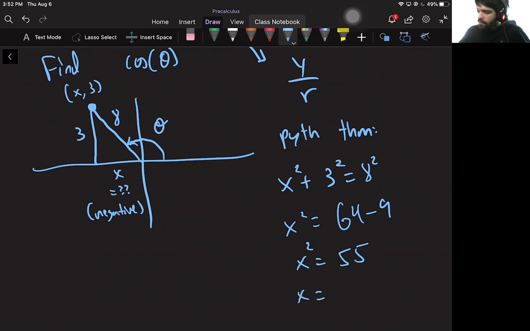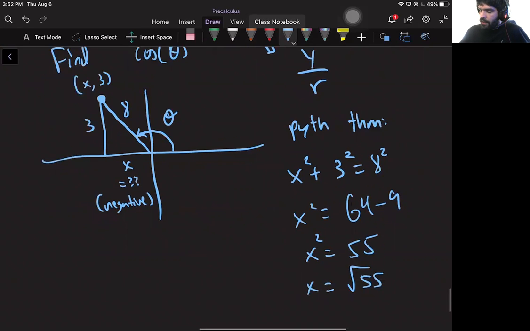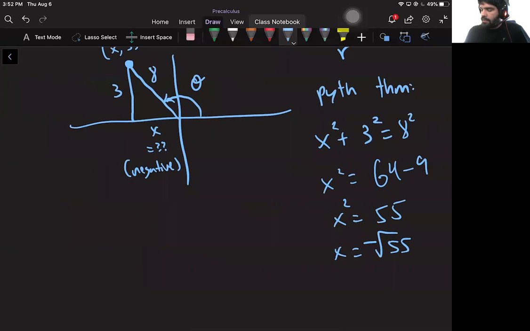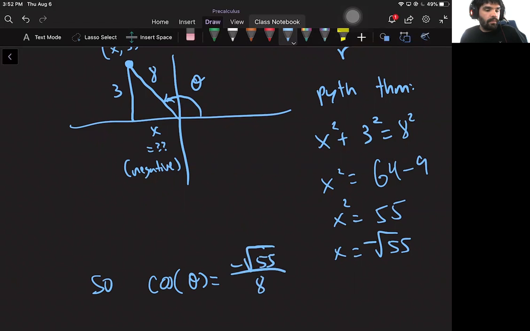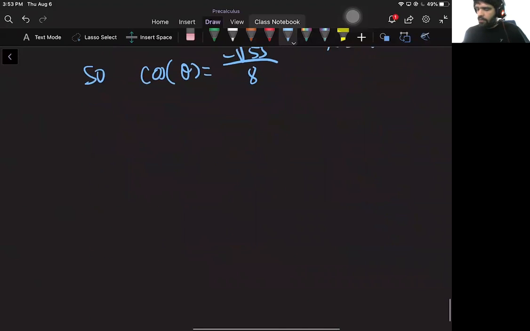And then you square root. And that's the x value, but it's got to be negative because I'm going to the left. So then cosine of that angle is the x coordinate divided by the radius. So there you go.